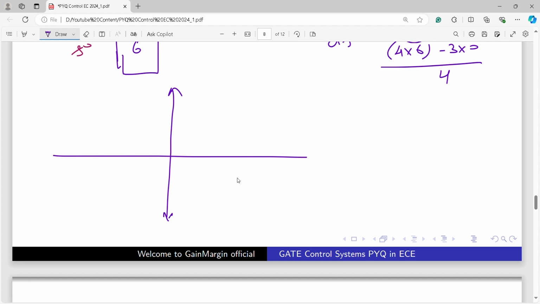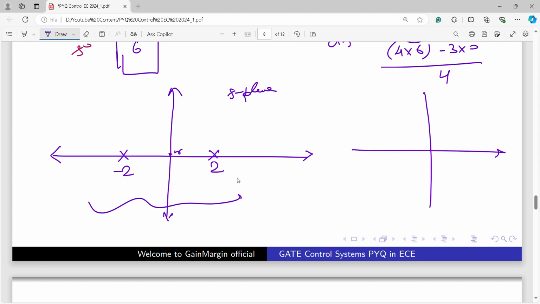So basically if poles with respect to the origin are symmetrical, can we say like that, this is the origin, let us say this is the s plane. Take one pole here and one pole here, for example -2 and +2. So this is symmetrical with respect to the origin. This is one case that can be there, and second case, this case also can be there, also with respect to the origin.